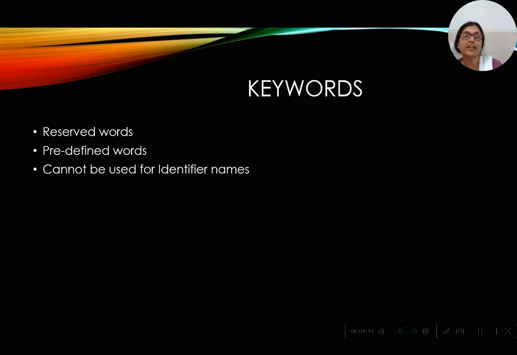The task is already given. Another important point is that keywords cannot be used as identifier names. Identifier means your variable names, or any other names like file names, function names. We will discuss identifiers in the next slide.